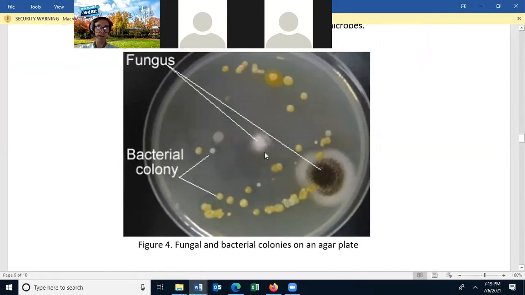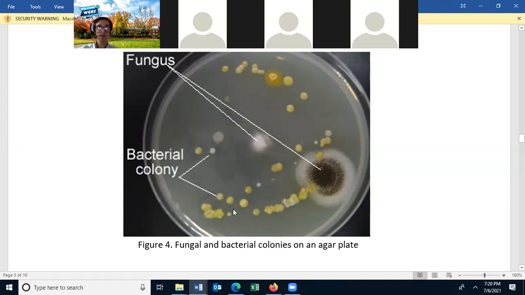This white colony and that white colony is obviously non-pigmented. How about this colony? Is that pigmented or non-pigmented? Or I could say that colony. Are these pigmented or non-pigmented? Pigmented means the colony has color, so these yellowish ones would be pigmented. The white, the off-white, the gray, they're non-pigmented.